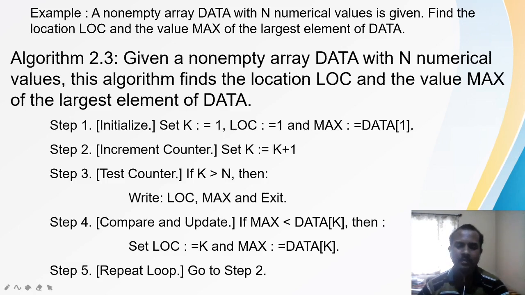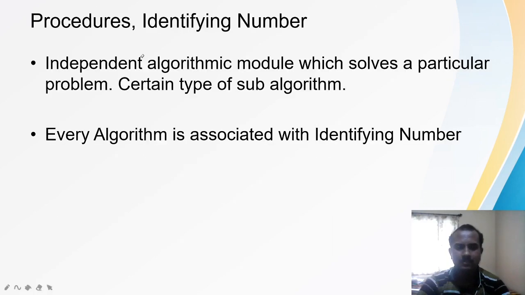The next algorithm you encounter will be algorithm 2. The next will be algorithm 3. Let us say that after 3 algorithms you encounter a procedure or module. Then you write procedure 1. Thank you.